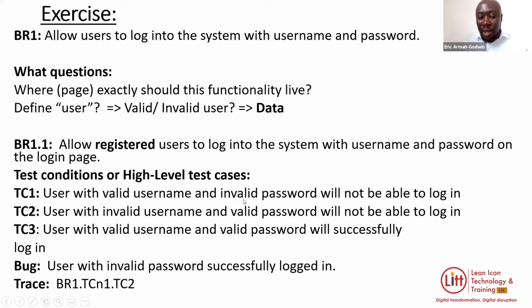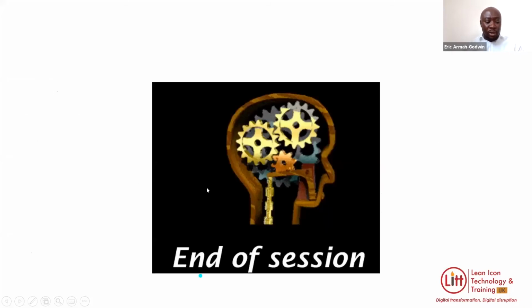I was going to make this an exercise, but time didn't allow me. But you could label that bug as BG1 and then trace it back all the way to the test case, test condition, and then to the business requirement document. So this brings me to the end of the session.